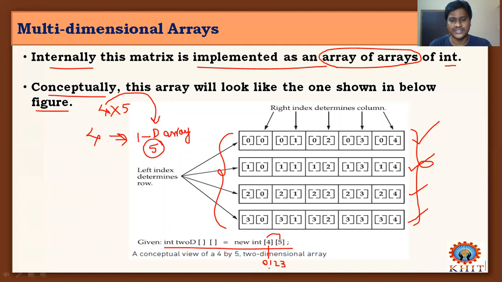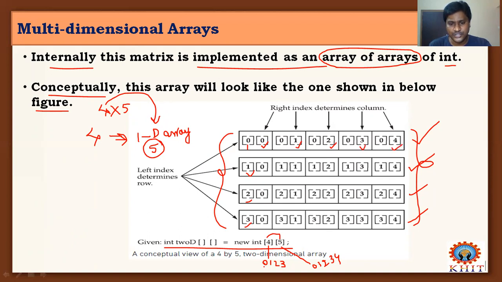So these are the 4 index ranges used. In the same way, this 5 indicates the column index ranges 0, 1, 2, 3, and 4.